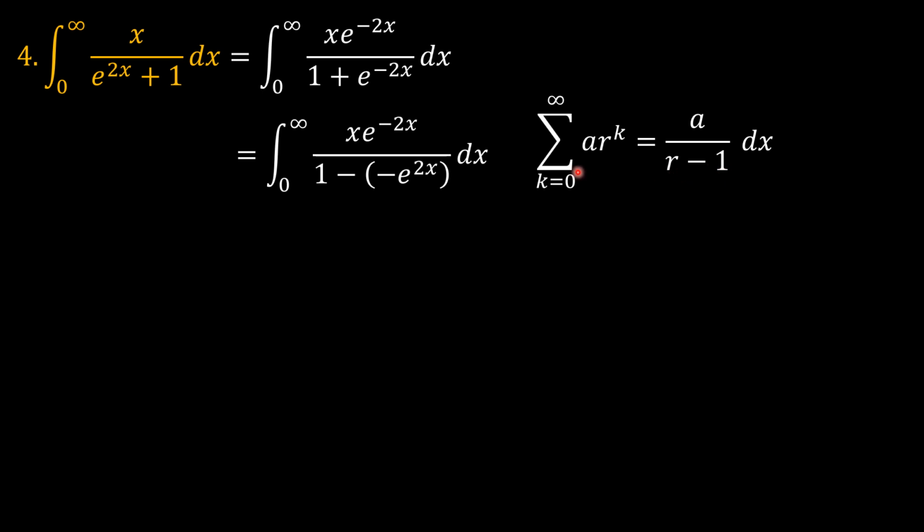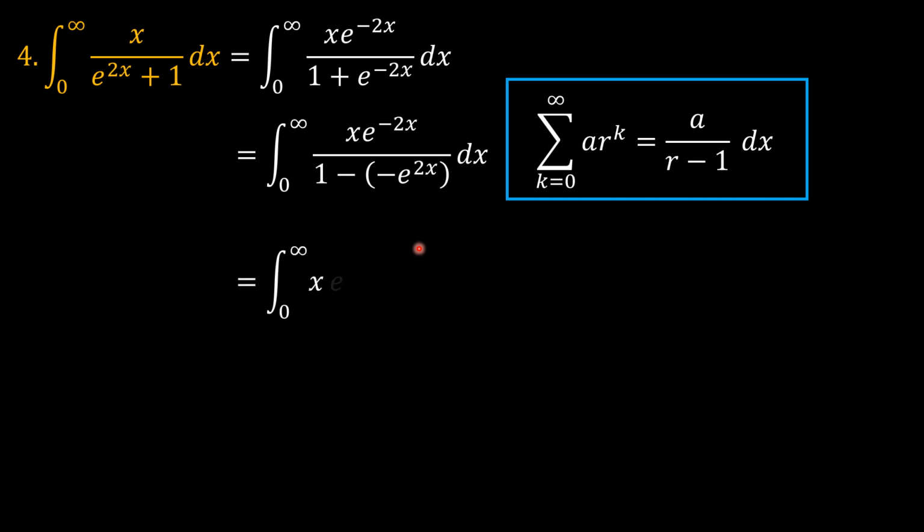And if we're beginning from 0 here, and there is no a, it also means that we could just have 1 over r minus 1. But if r is less than 1, then we have 1 over 1 minus r. And that's the same thing we have here.